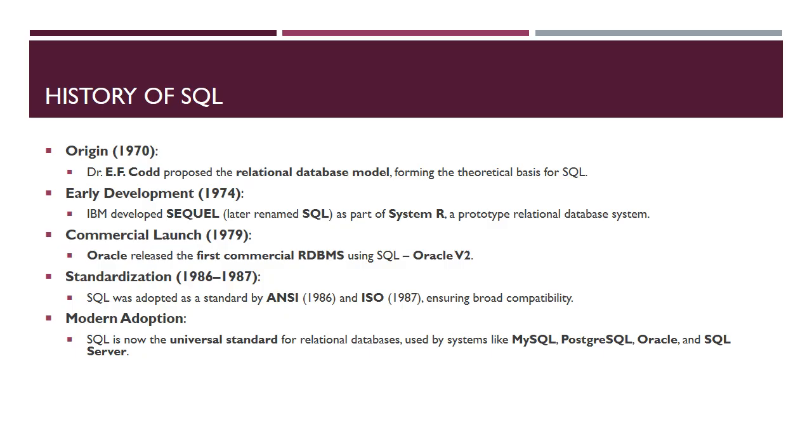In 1979, a company called Relational Software, which later became Oracle, commercially released its own version of SQL called Oracle V2. Since then, the American National Standards Institute and the International Organization for Standardization have deemed SQL the standard language in relational database communication.